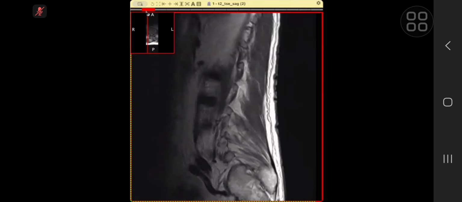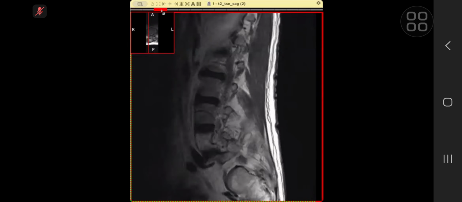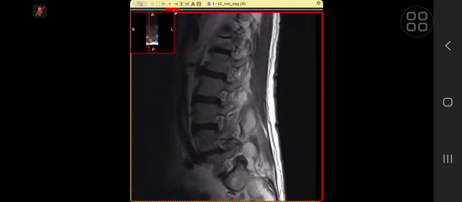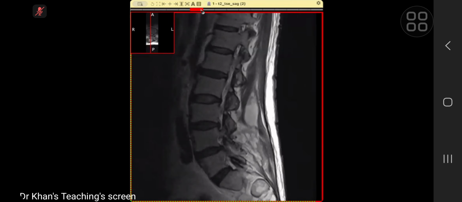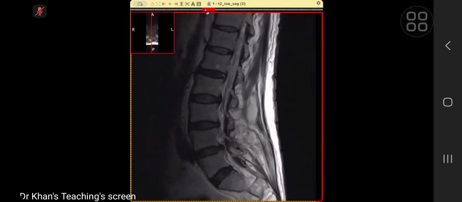I'm provided with MRI sagittal images of a male patient who presented with a complaint of back pain. I am scrolling through the images to rule out cauda equina syndrome.